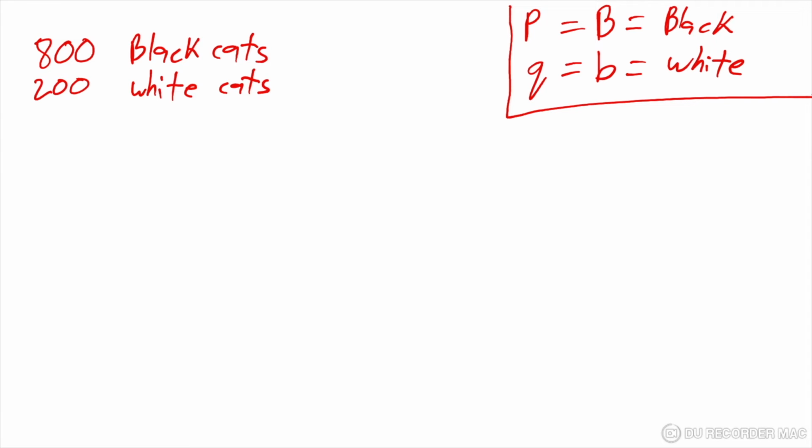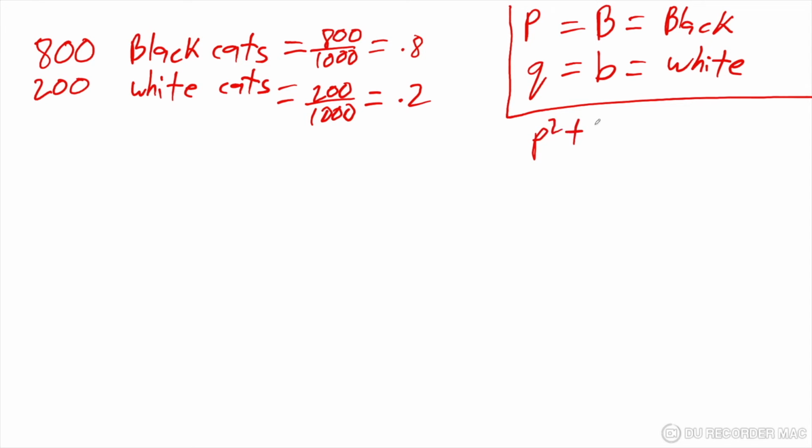To compute for the ratio of your black cats, you simply divide by 1,000, since that's the total number of your population. So you'll get 0.8. Here, that's 200 over 1,000, you'll get 0.2. Okay? Now, remember our equation p squared plus 2pq plus q squared is equal to 1.